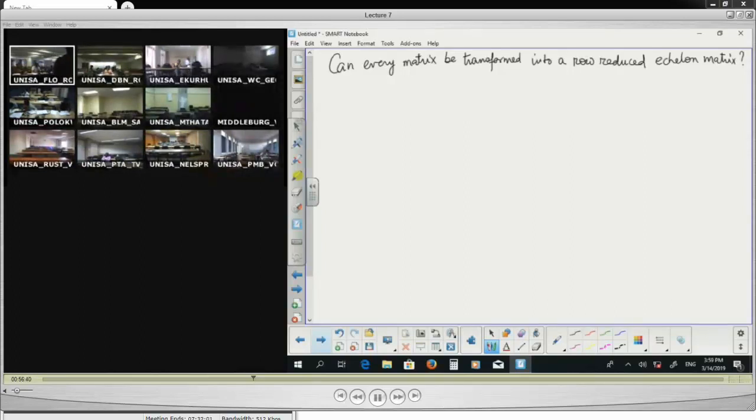And here is the algorithm. I'm trying to describe the algorithm, and I leave it to you to complete it. You start off on the first row. Suppose the first entry is non-zero.